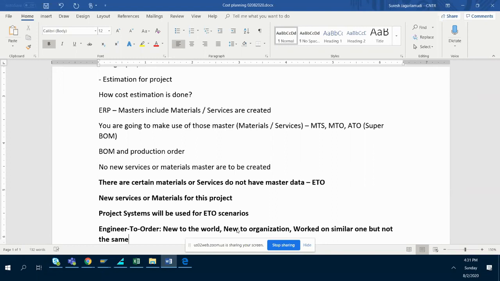Do you think that they worked on a similar, same product previously? No, they would have worked on malaria, they would have worked on something else, isn't it? So they worked on a similar one, but not the same one. Similar, but not the same. So now, of course, sometimes a small incremental.